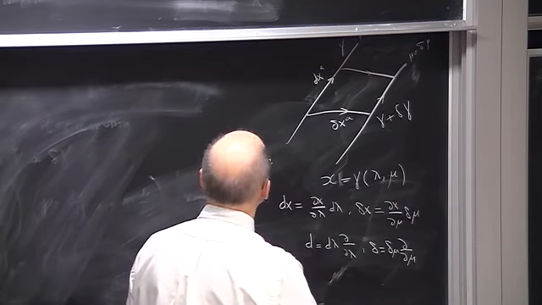In this case, they do mesh, so it means that these two vector fields, dx/dλ and dx/dμ, these are vector fields, right? And it means that they vanish.